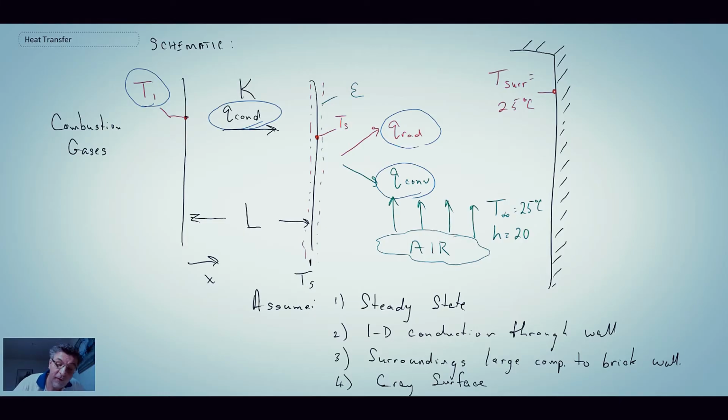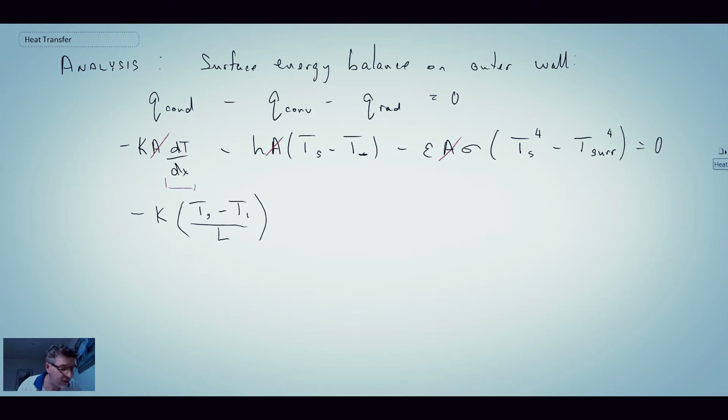So that is a surface temperature. Ts is for this surface right here. So when I do conduction, I'm taking Ts, and that is going to be at x equals L, and then we will have T1, and that is at x equals 0. And we then are able to evaluate the temperature gradient term as we have there.